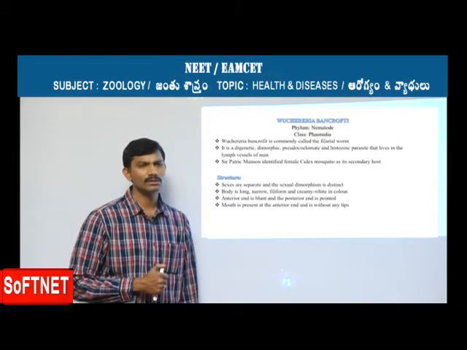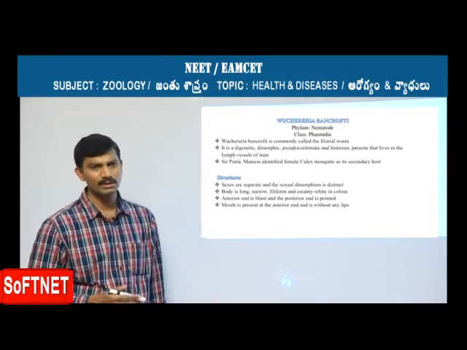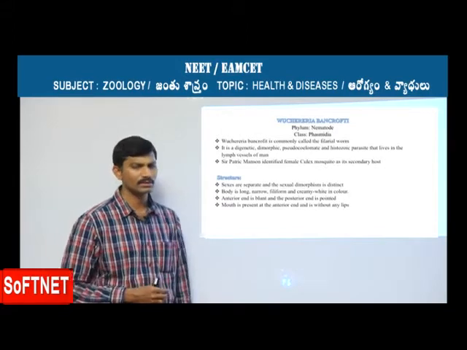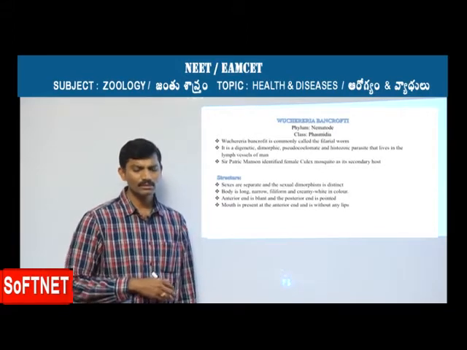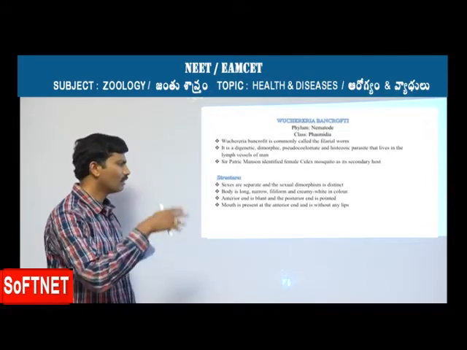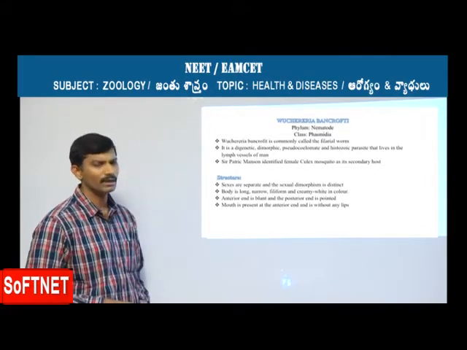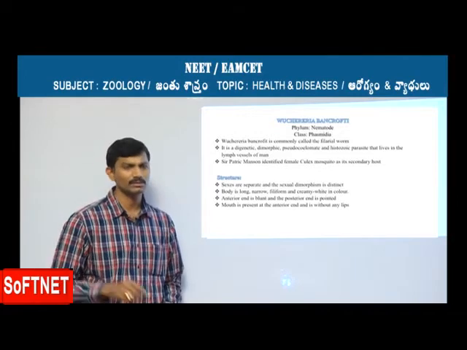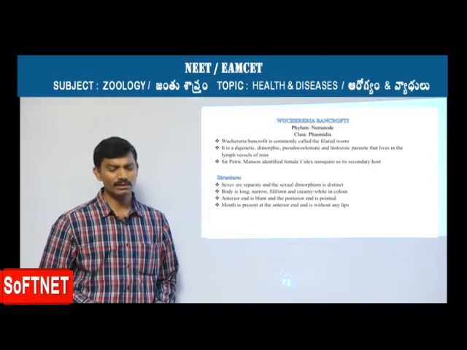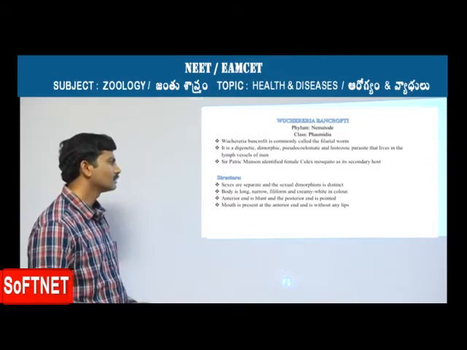Now come to the structural aspects of this parasite. Sexes are separate, male and female are different, and the sexual dimorphism is very distinct. The body is long, narrow and filiform and creamy white in color, very long, elongated, filiform, almost thread-like, and creamy white.